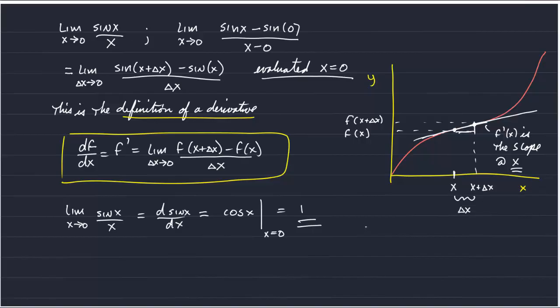Or we can also write f prime, the derivative of f, as equal to the limit as delta x goes to 0 of delta f at point x divided by delta x.